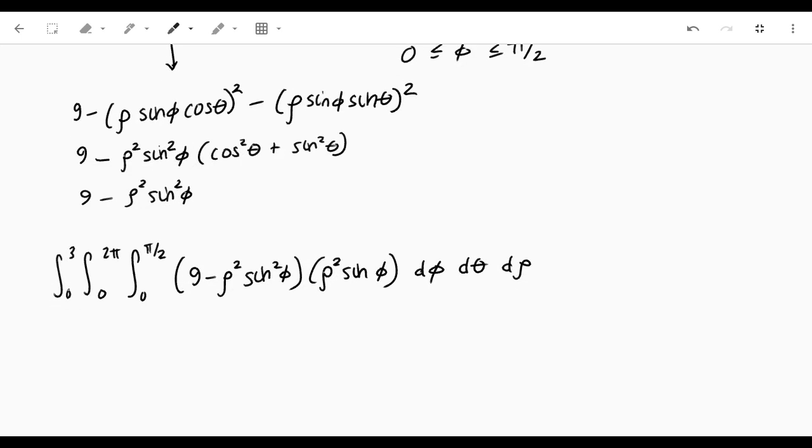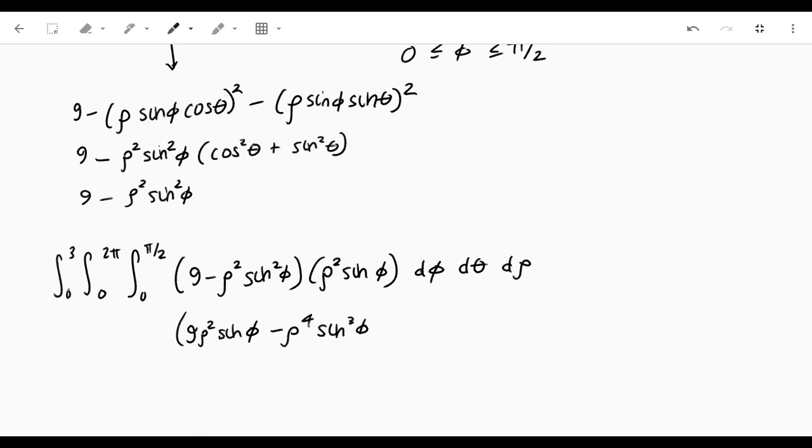You can look right away and see that I probably don't have it in the best order yet, right? I don't want to integrate that sine cubed phi to the fourth or whatever. So I probably want to switch it around here. If I expand these out, I'm going to have 9 rho squared sine phi minus rho to the fourth sine cubed phi.